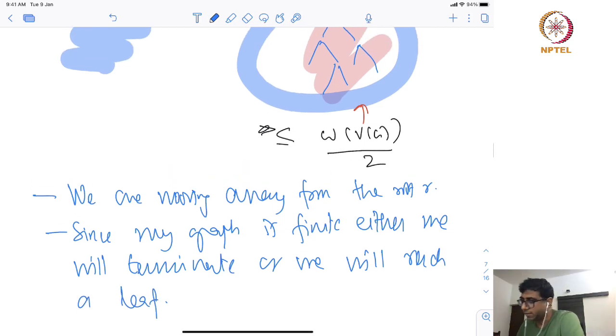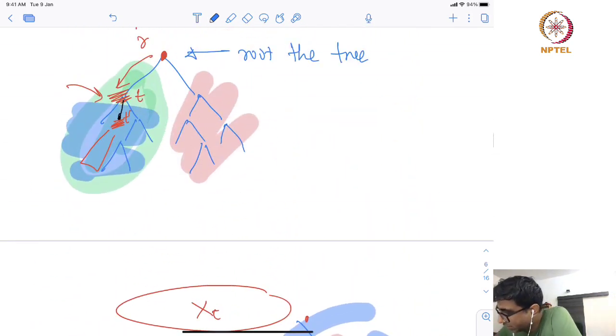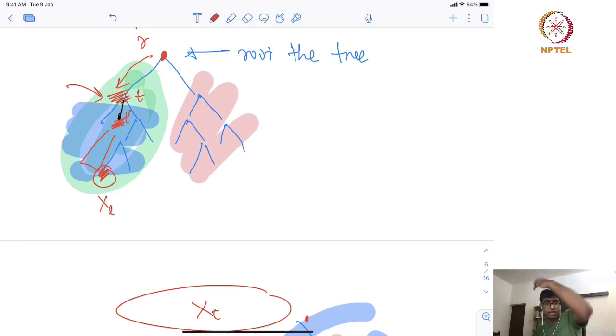Then what is the property of that leaf? If I reach some leaf here, suppose this xl, then the weight of this xl is very heavy, more than half of the whole weight. So the moment I delete it, I know that every connected component has weight at most the weight of the original graph divided by 2, because xl itself has weight larger, and you are done.